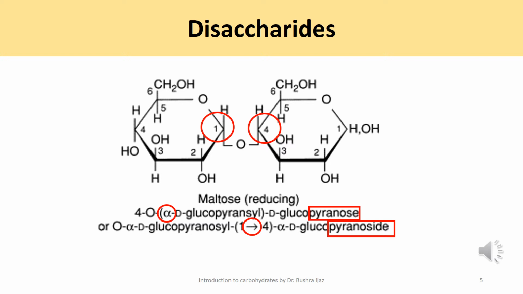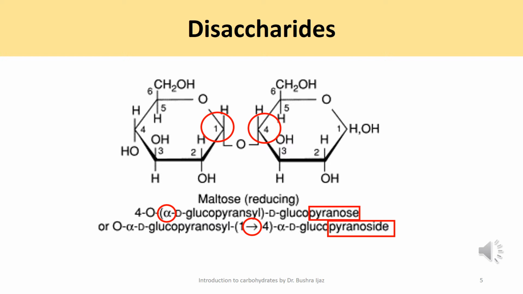Okay, now following this convention for naming the oligosaccharide, maltose can be named alpha-D-glucopyranosyl 1,4 D-glucopyranose, because most sugars encountered in this series of lectures are D enantiomers and the pyranose form of the hexoses.